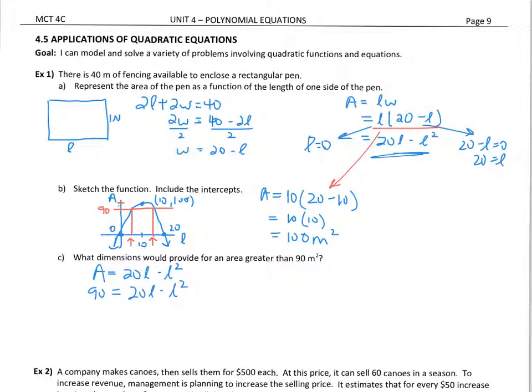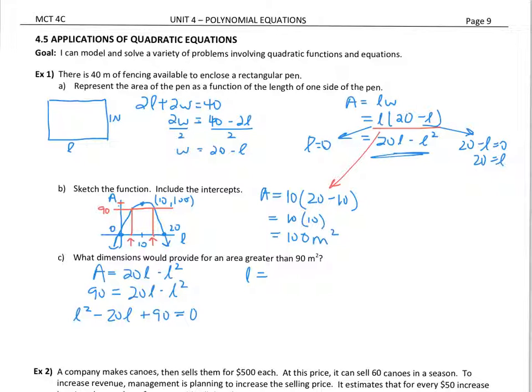Okay, so I'm going to get everything to one side. We're going to have L squared minus 20L plus 90. I'm just moving everything to the left side of the equal sign and having 0 on the right side. And now I could try factoring that, or we could go directly into the quadratic formula. Because I'm tired and I don't want to think too hard about that, I'm going to go directly into the quadratic formula.